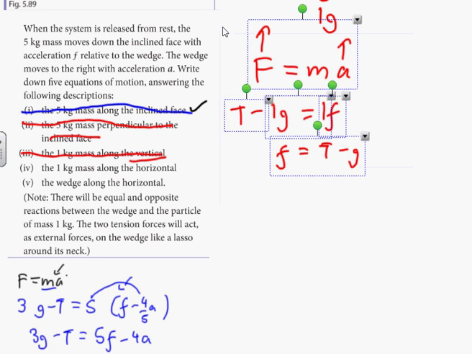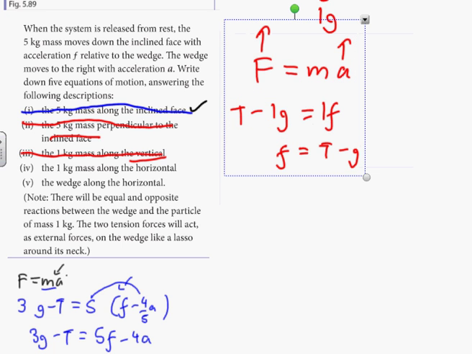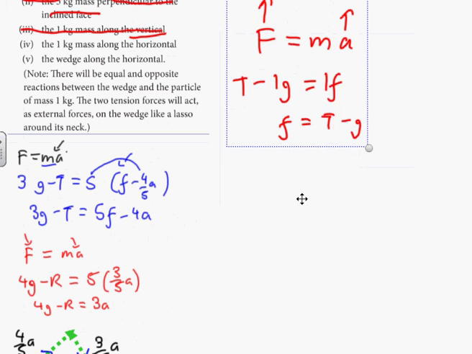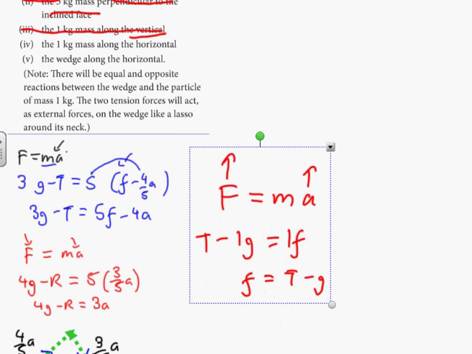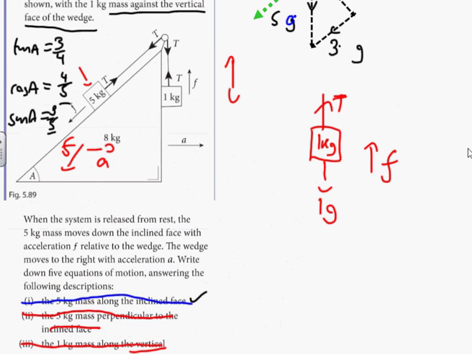Now, when it comes to the horizontal, what's happening to this diagram? It's in contact, isn't it? The wedge is experiencing contact on its way in, but it's also pushing it along.